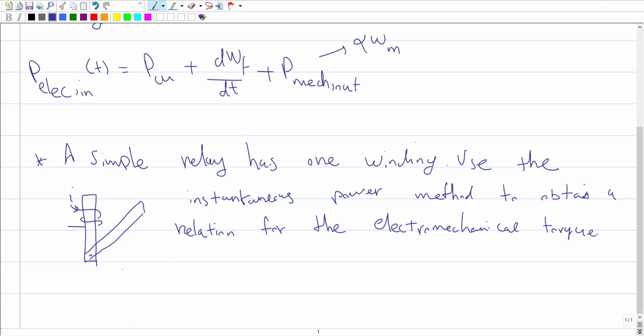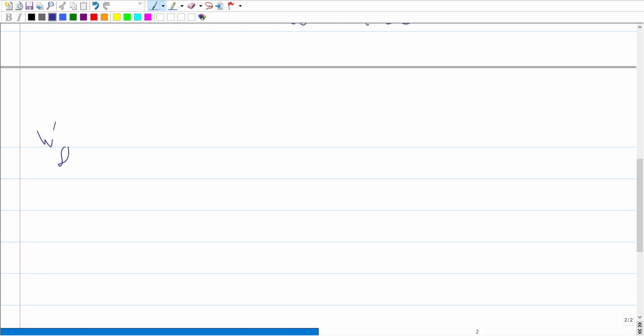You can use the energy and co-energy method, and you know that electromechanical torque is plus ∂W'_field, which is a function of, there is just one current, so I don't use a subscript, i and theta, over ∂theta with i assumed constant, and you know that the co-energy is 1/2 L i², so the correct answer should be 1/2 i² ∂L/∂theta.